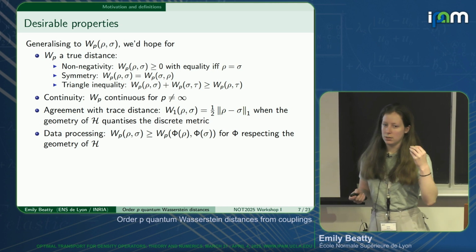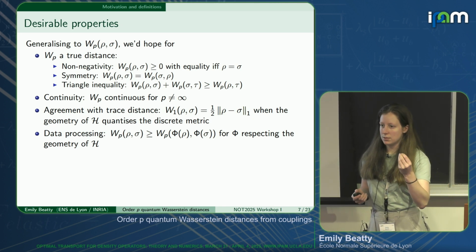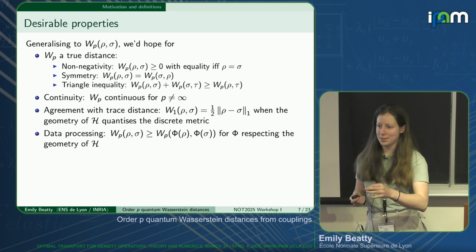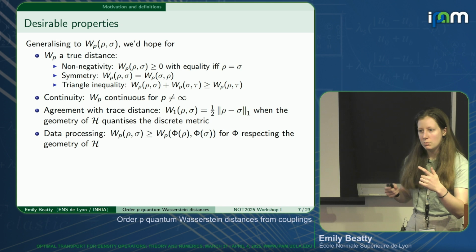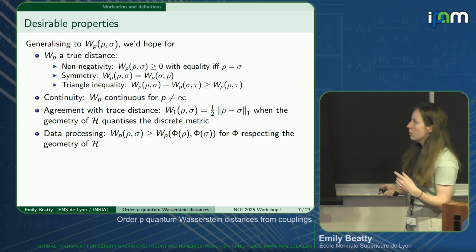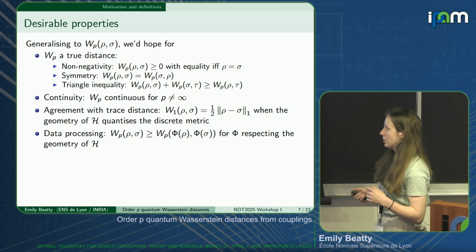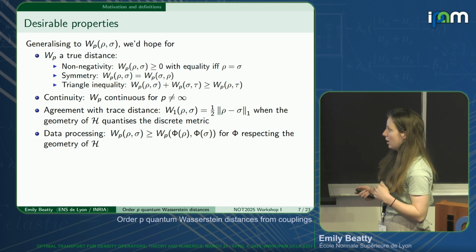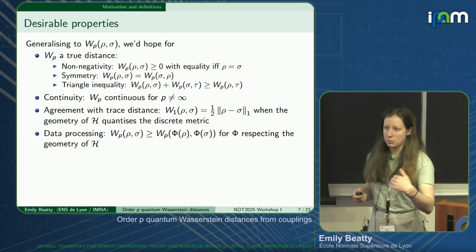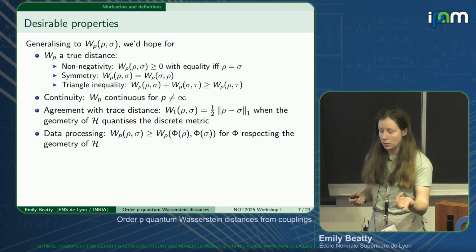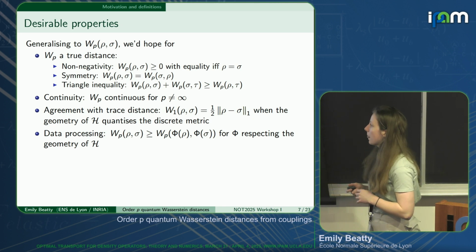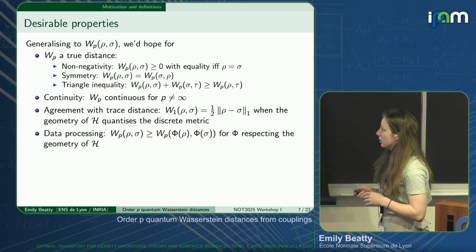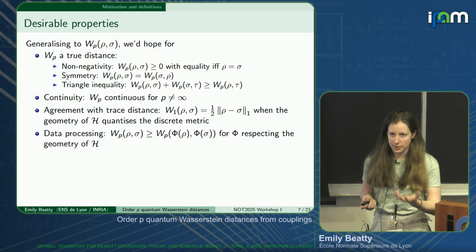Classically, the first order classical Wasserstein distance of the discrete metric gives you the total variation distance. When we translate that to the quantum setting, we might hope that a first order quantum Wasserstein distance recovers the trace distance, which is just the quantum version of the classical total variation distance in a number of different ways. And we might also hope to recover data processing.